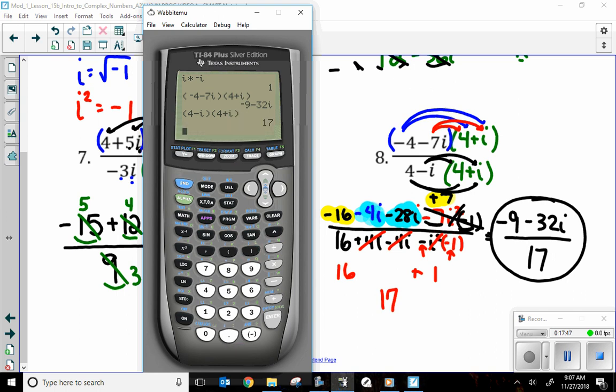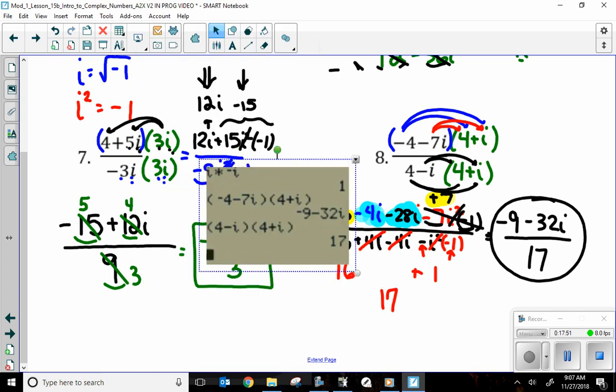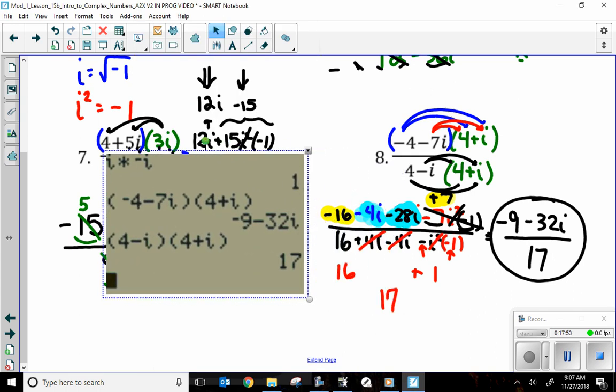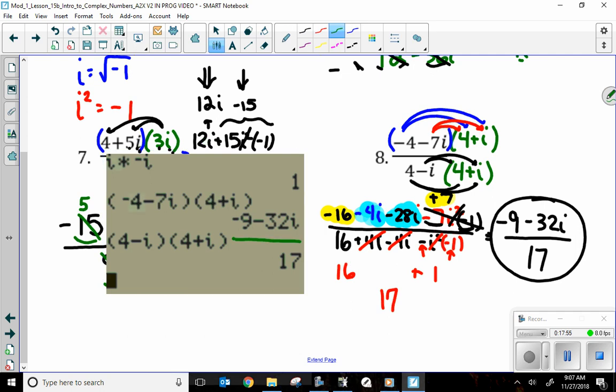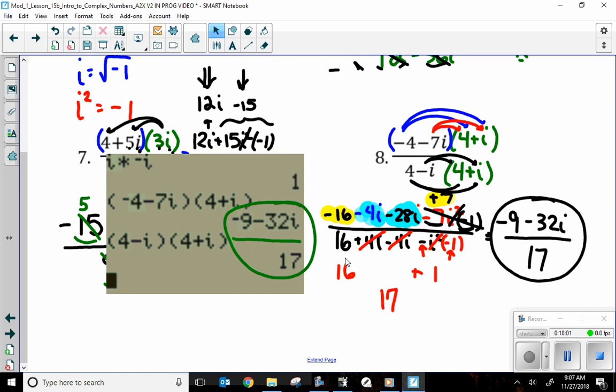And I did. And look, there's my fraction right there. Look at all that work the calculator did without showing any work, because it's a calculator. Our fraction is right here.